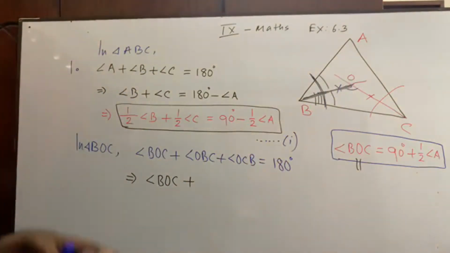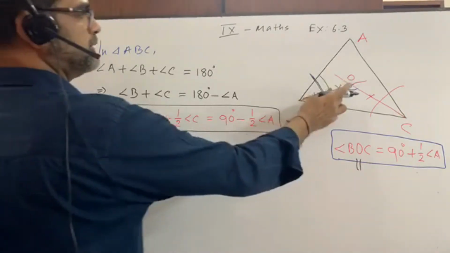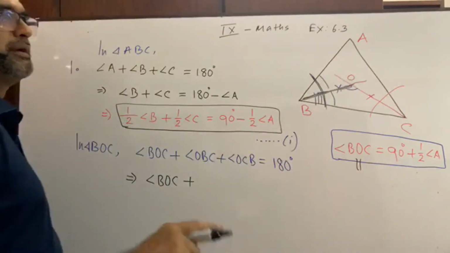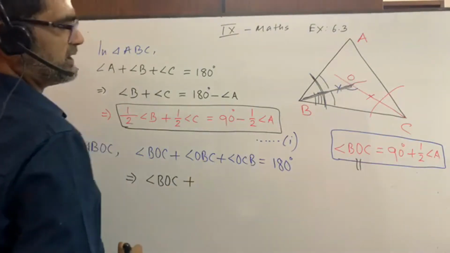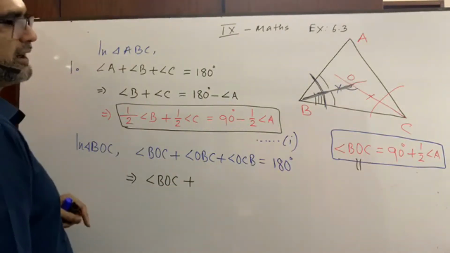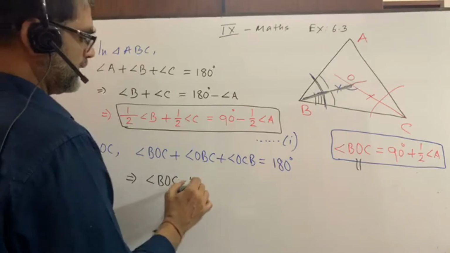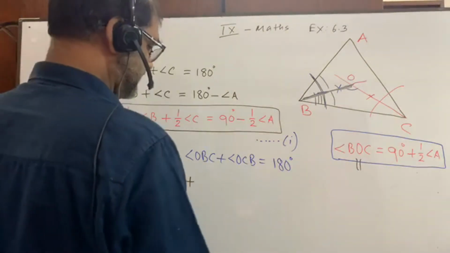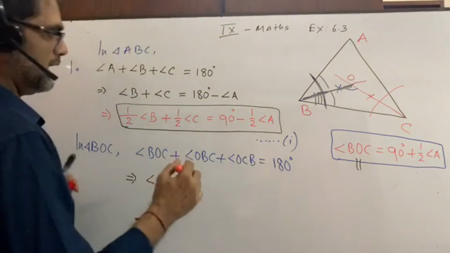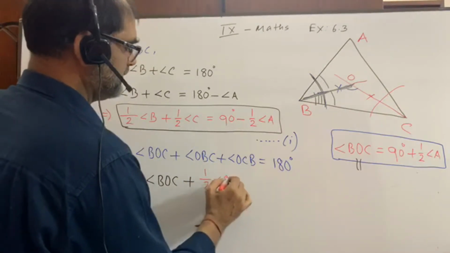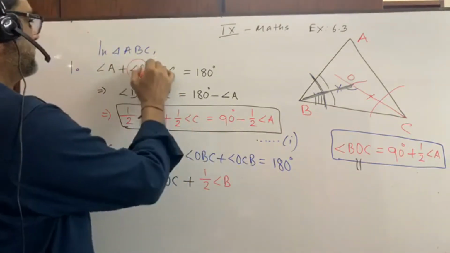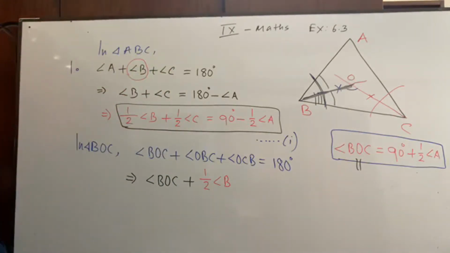I always try to tell you, if two things are equal, then any of them is half the whole. So OBC means half of angle B. So we can write OBC equals half of angle B, this B being angle B in triangle ABC.